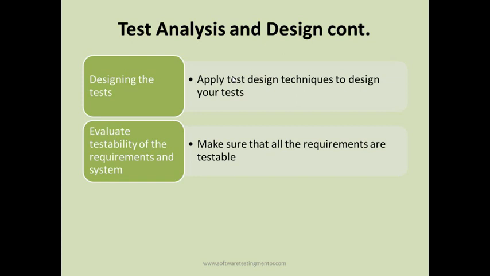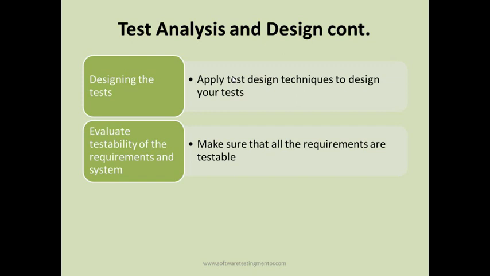The clear requirement would be: given there are 200 users logged into an e-commerce portal simultaneously, the response time for the user should be no more than 5 seconds. That's a more testable requirement.